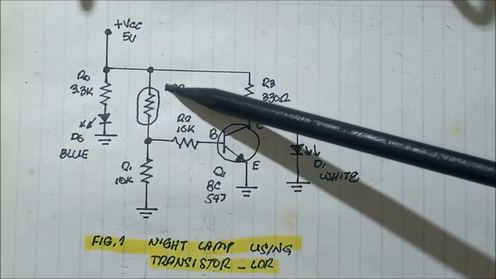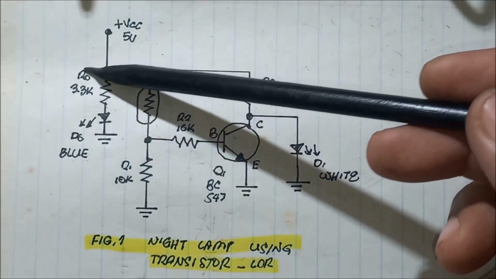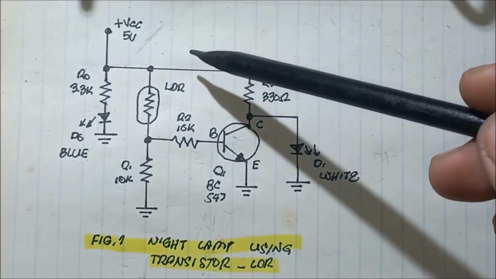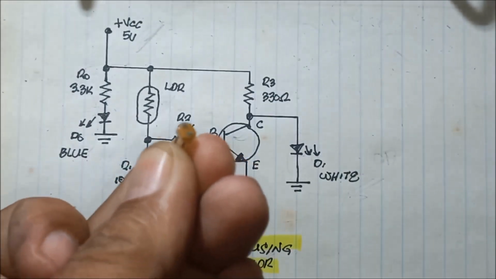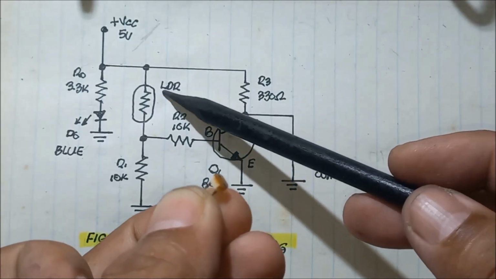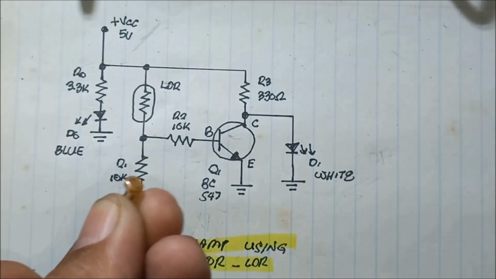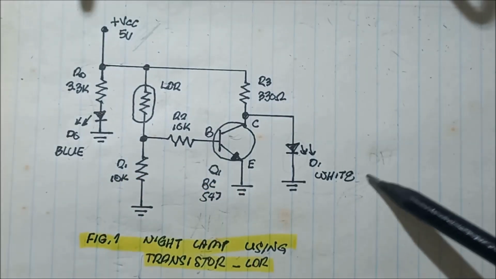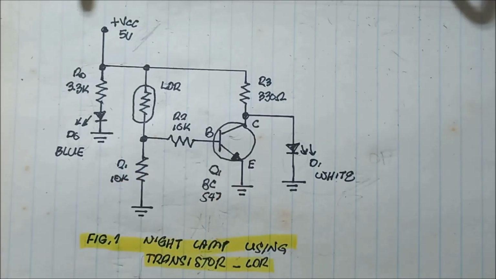This is the light dependent resistor or the light sensor. And then we have this power LED, and the supply is 5 volts from the power bank. And for the output, this is the transparent output LED, 10 mm in size.